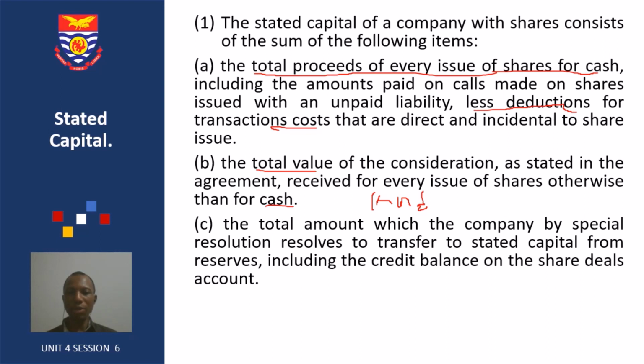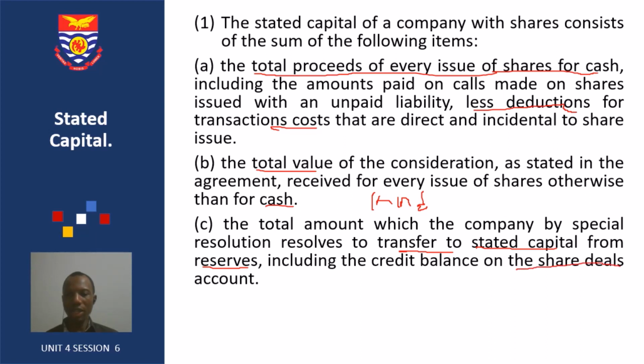Then the total amount of money which the company by special resolution resolved to transfer to the stated capital from the reserve. You also saw this one earlier. Remember, when we were doing issue of capitalization, we mentioned this, including the credit balance of the share premium account. So here you are taking two things at the same time.